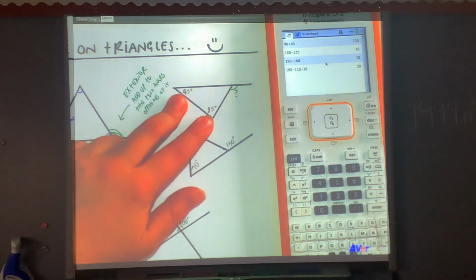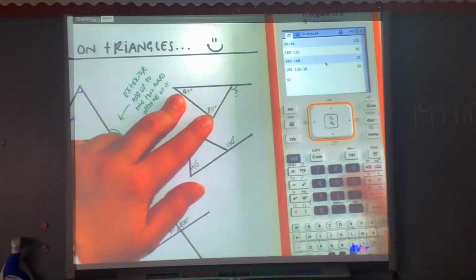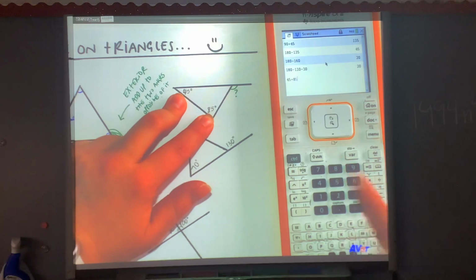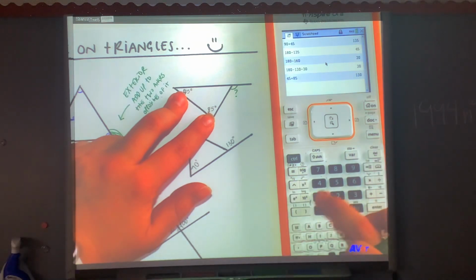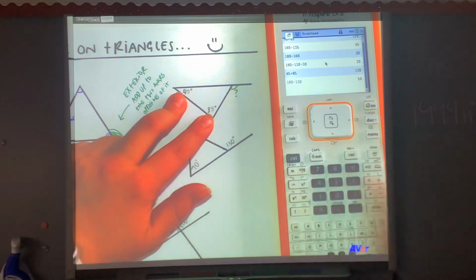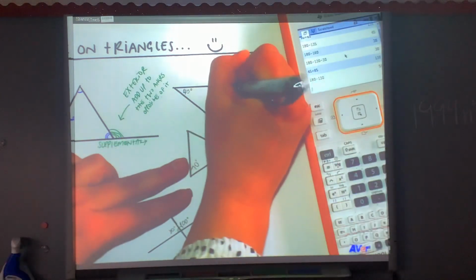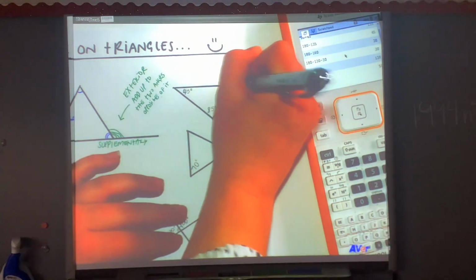All right, so if 2 of these angles are 45 and 85, add them together to get 130. So 180 minus 130 equals 50. So this angle here was supposed to equal 50 degrees.